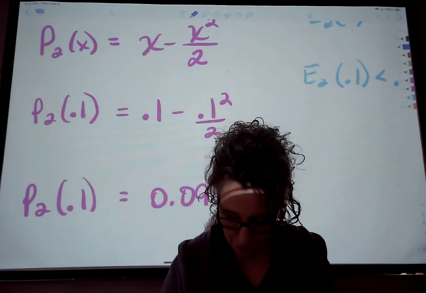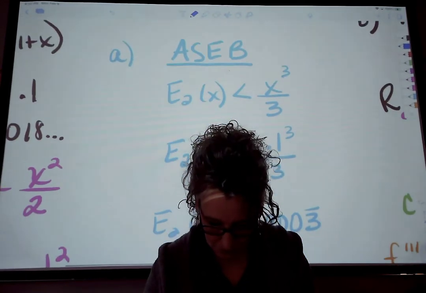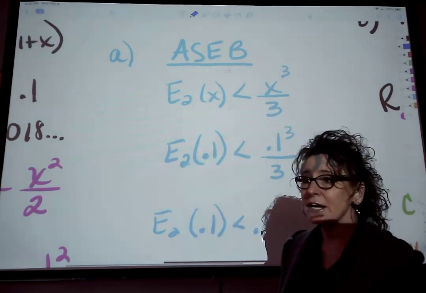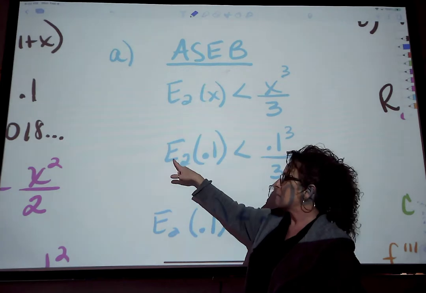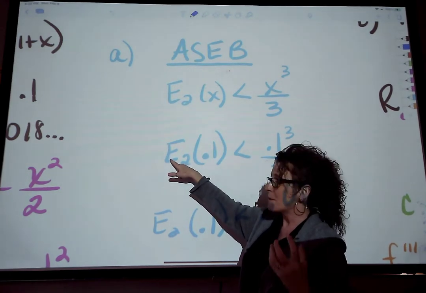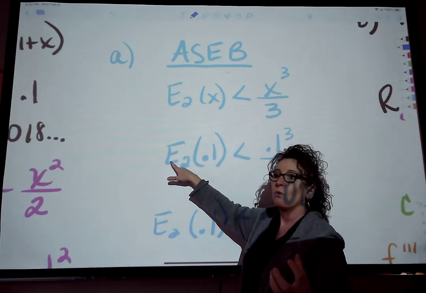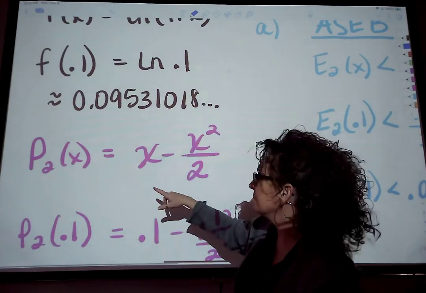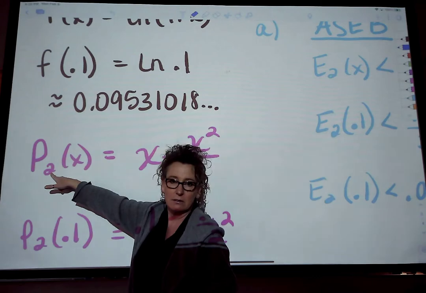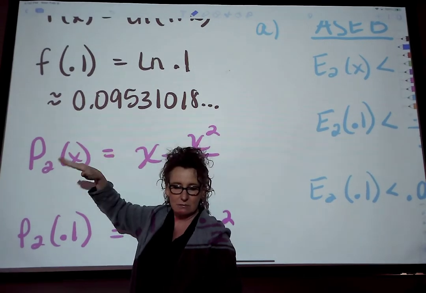Okay, let's look at the error bound. When I write my error or my remainder, it's capital E or capital R with n here. Remember, n is how many times we did this.